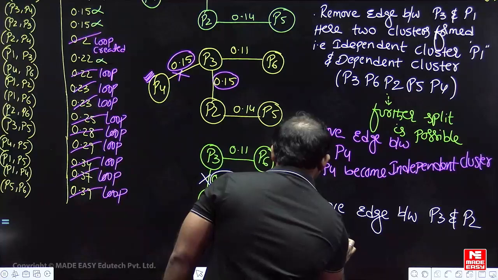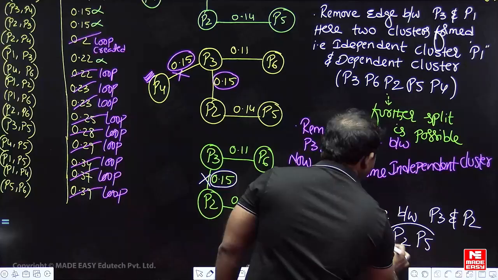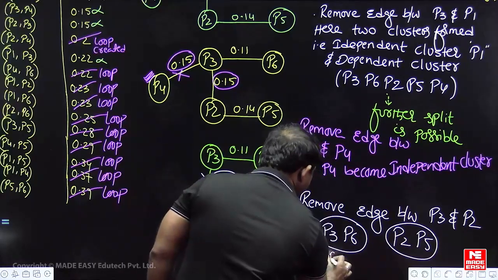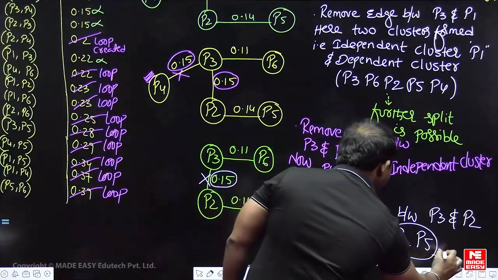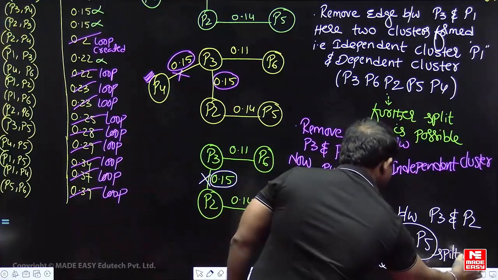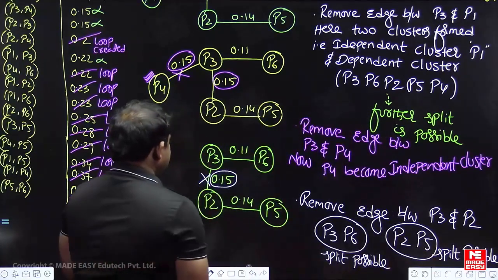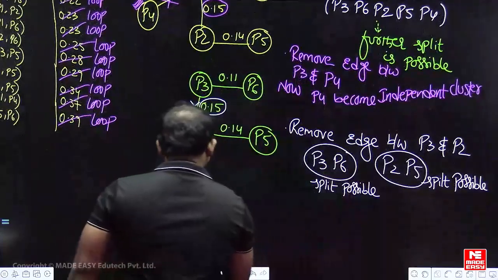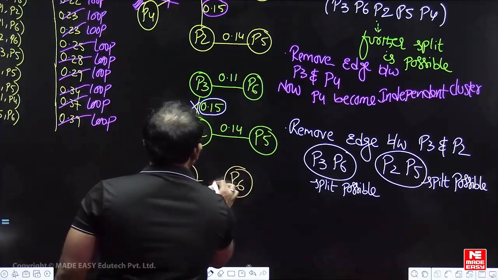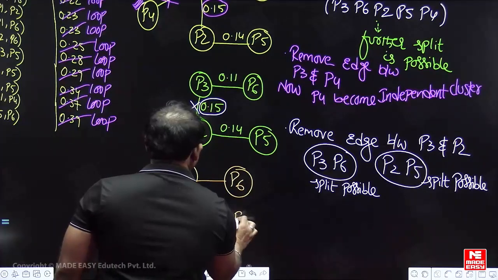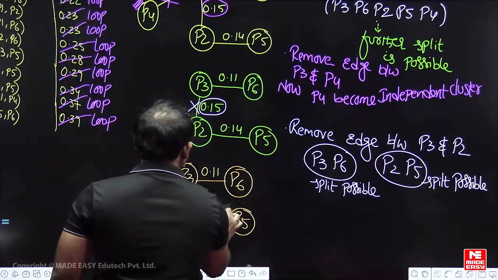That is the P3, P6 cluster and the P2, P5 cluster. These are not independent clusters. Here split is possible, and here also split is possible. So our graph is looking like this after this: P3, P6 and P2, P5 with costs 0.11 and 0.14.